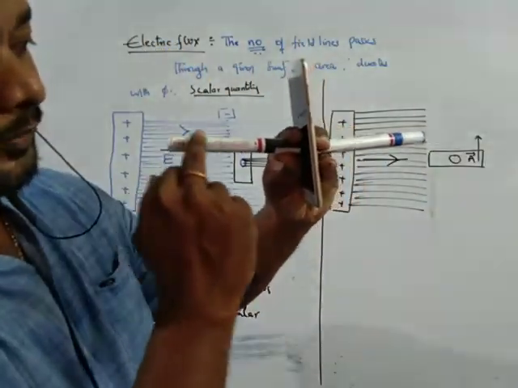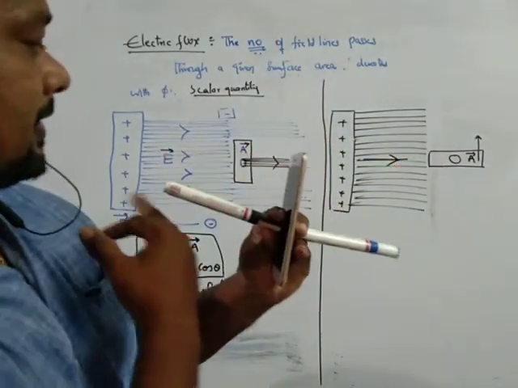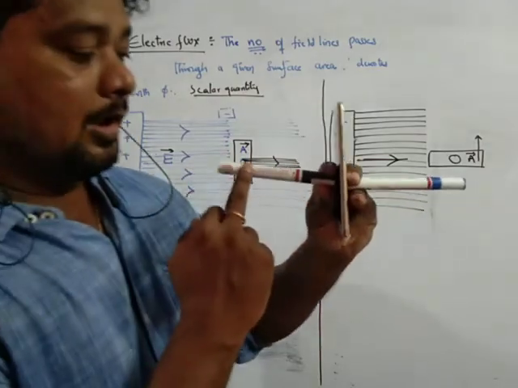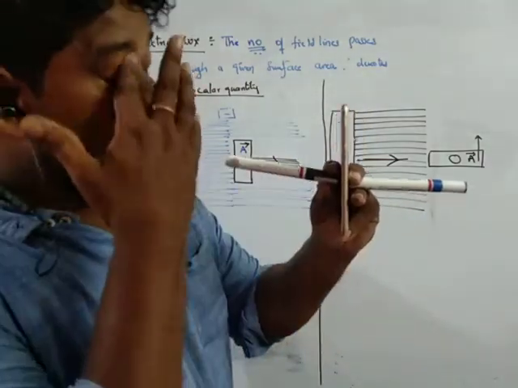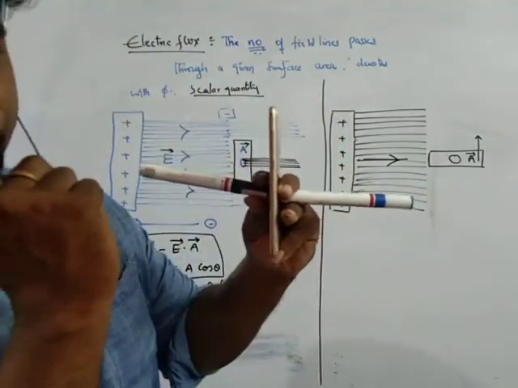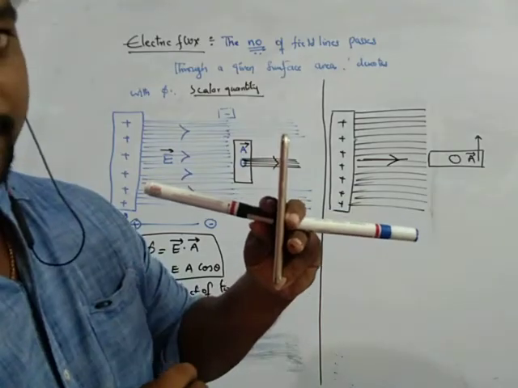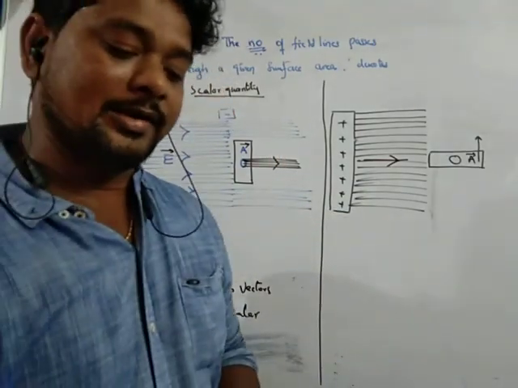So here the field lines and area are both in the same direction. In the first example, field lines and substance are both perpendicular. Field lines and area will be in the same direction. I hope you're clear. In the second example, again we consider field lines.